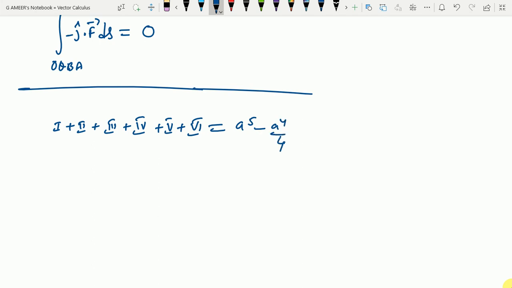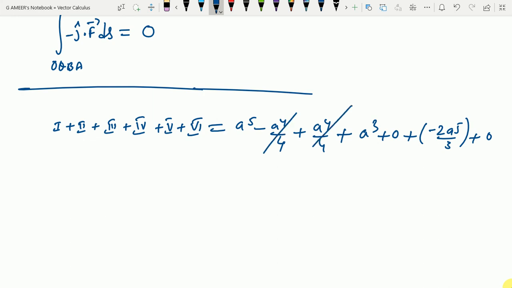The second one will be plus a power 4 by 4. The third one will be a cube. The fourth one will be 0. The fifth one will be minus 2a power 5 by 3. The last one is 0. So here minus a power 4 plus a power 4 cancel.